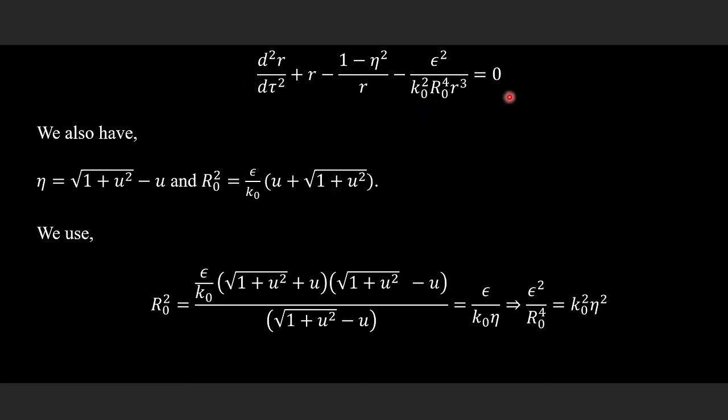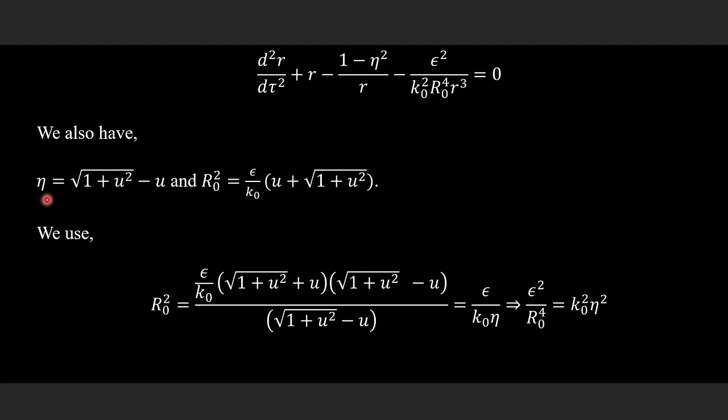We have this envelope equation, and we have substituted 1 minus eta square here. But still we are left with epsilon square, k naught square and r naught 4, all right, and we want to write this as well in terms of eta.